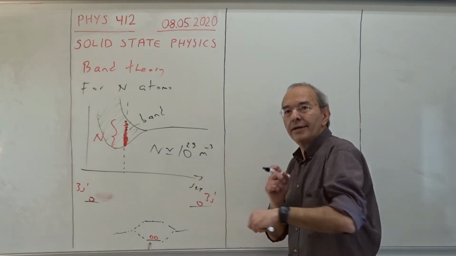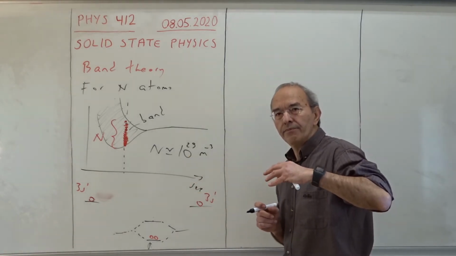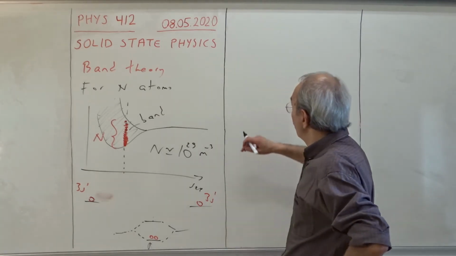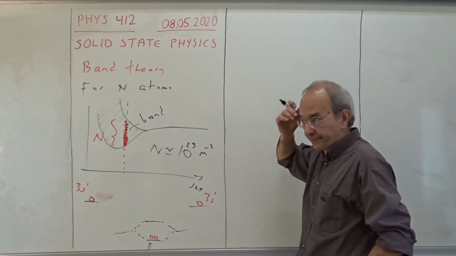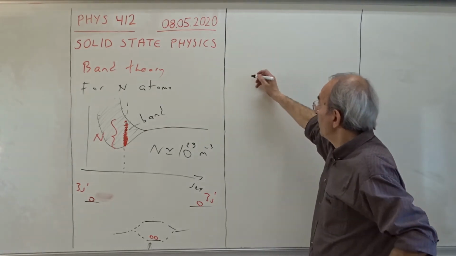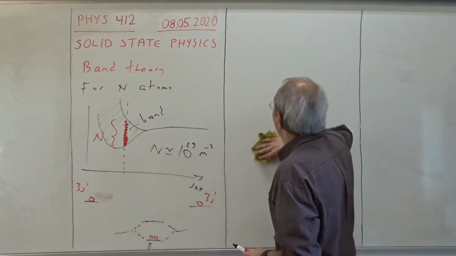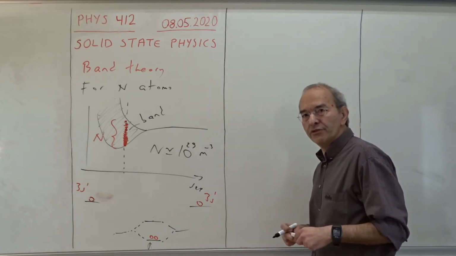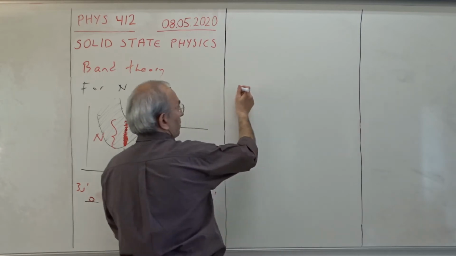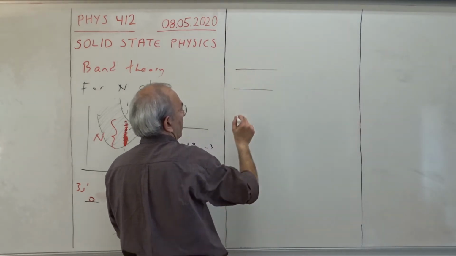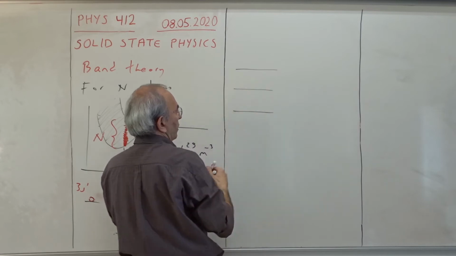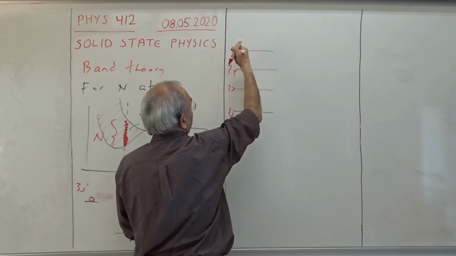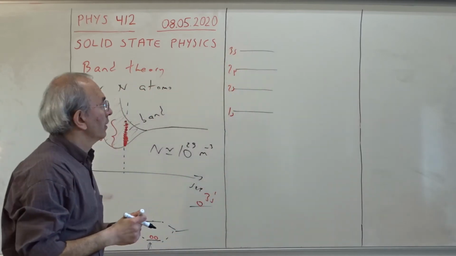Now let's compare the degree of splitting for the levels 1s, 2s, etc. Remember, in the electronic configuration of sodium, we have 1s, 2s, 2p, and 3s.